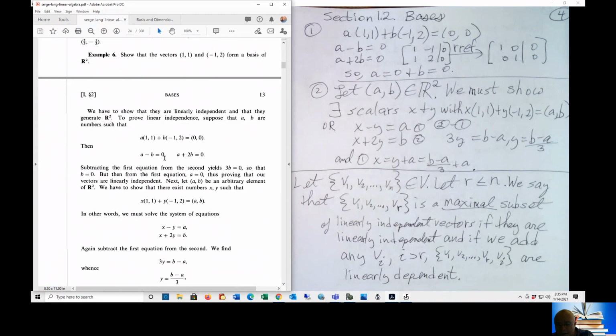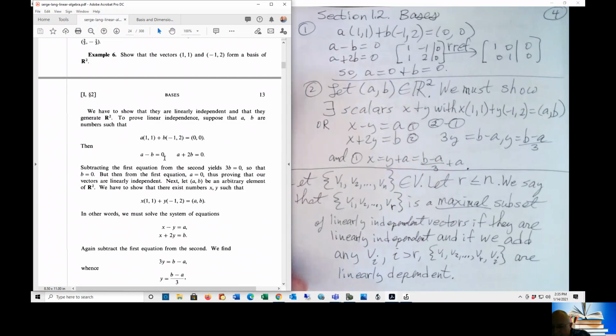So take two scalars x and y: x times (1, 1) plus y times (-1, 2) equal to (a, b). And again, multiply the scalars inside the two vectors, add the corresponding coordinates, and set the corresponding coordinates equal to a and b, respectively.